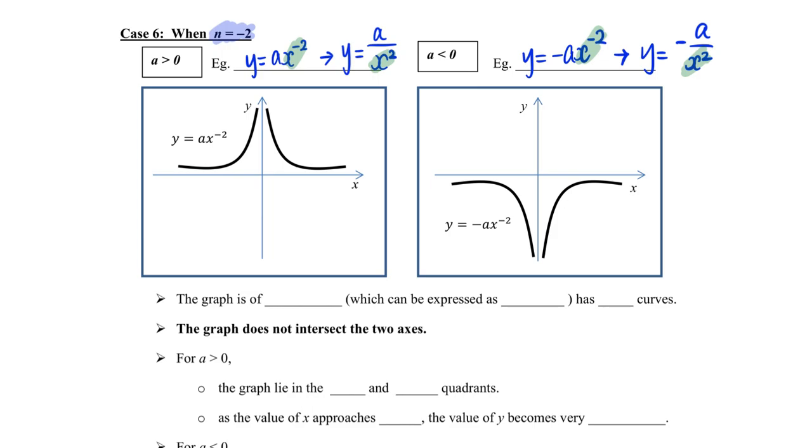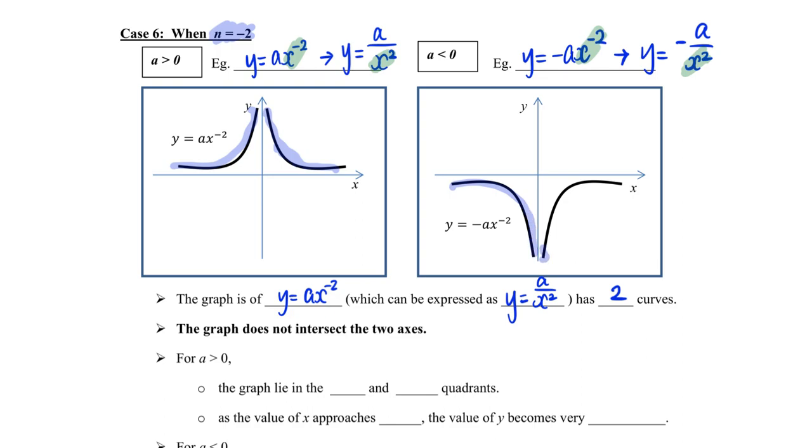And so this graph is of this family y equals a x to the power -2, which can also be written as a over x squared. Again, you should see there are two curves, one here and one here, broken up.